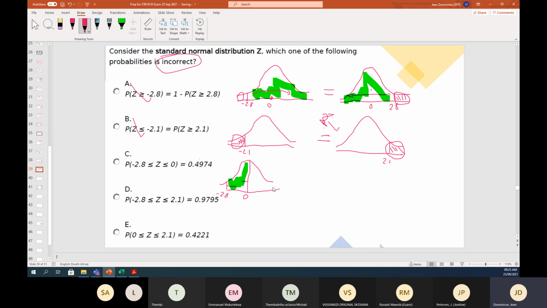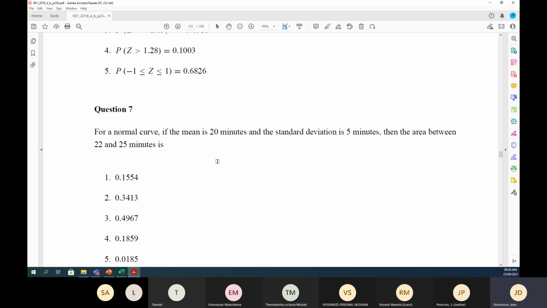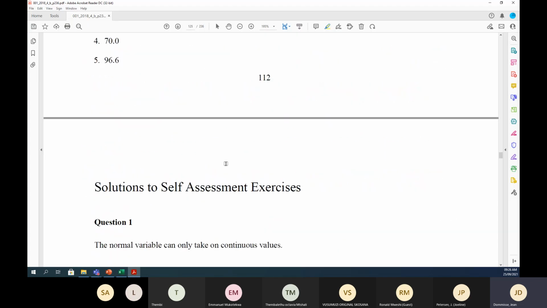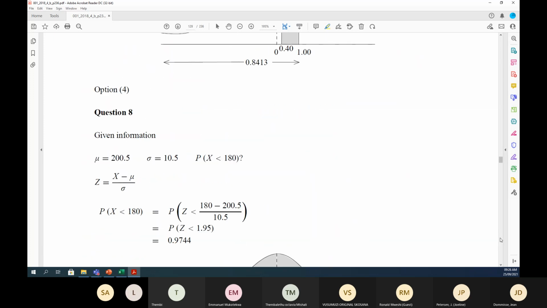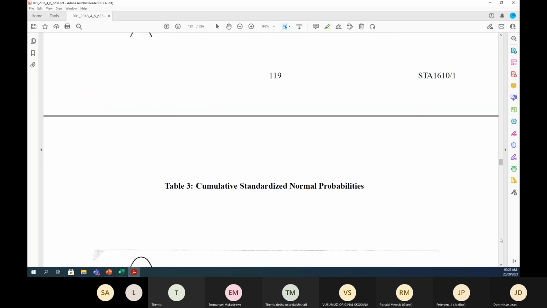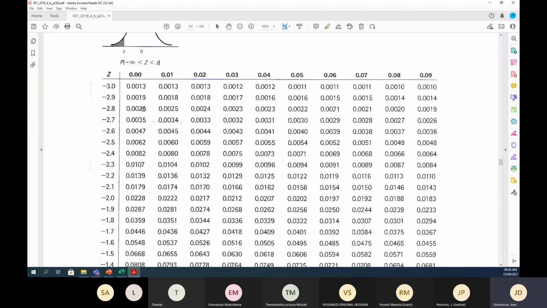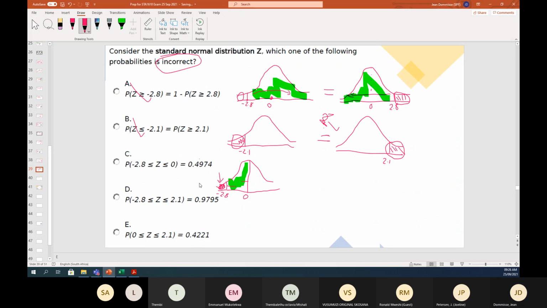The easiest way for me to work with this is to look at the minus Z table and see what that small area is. So let's do that, minus 2.8. Z minus 2.8 is 0,0028.